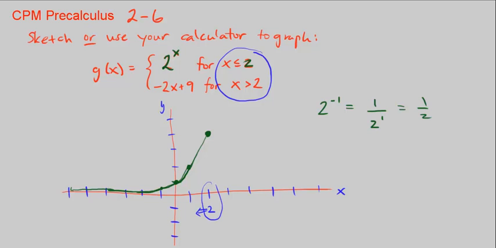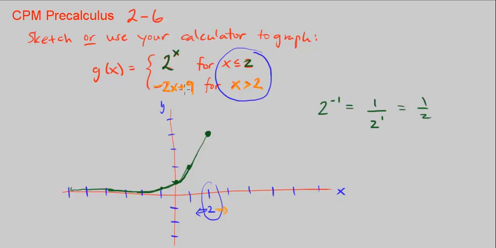Okay, and to the right, let me use a different color. It's going to be negative 2x. Oh, that's not a good color choice. Let me choose orange. Negative 2x plus 9 for x greater than 2. So that means to the right of 2, not including 2, this is my graph. At x equal to 2, if I were to plug that in, 2 times negative 2 is negative 4.